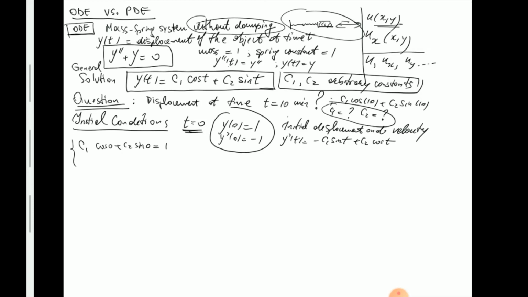And then y prime of 0 will be minus C1 sine of 0 plus C2 cosine of 0 equals minus 1. So sine of 0 is 0, cosine of 0 is 1, so that gives me C1 equals 1 and C2 equals minus 1. So if I give the initial conditions, the solution of the problem is cosine of t minus sine of t.